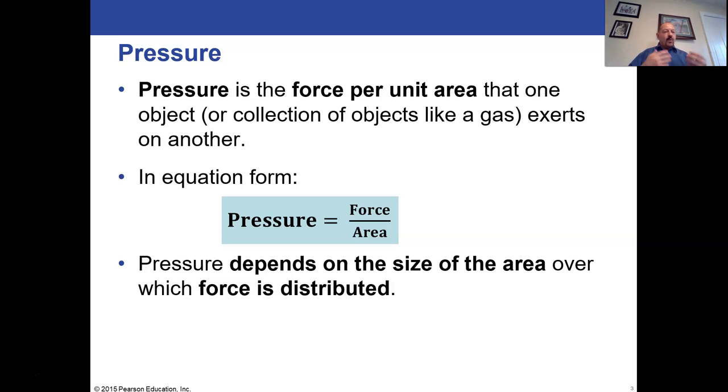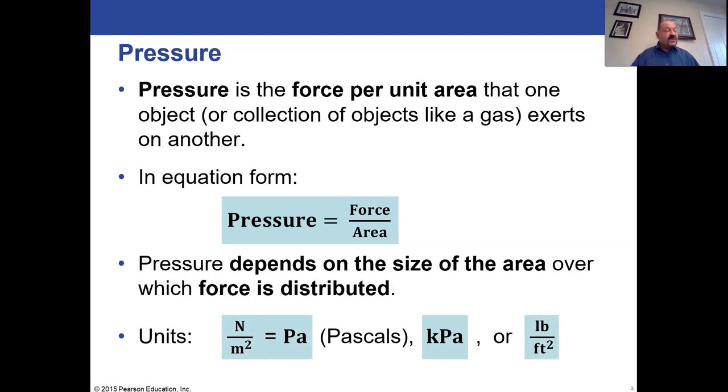You can think about walking in a normal big fat pair of shoes, hiking boots, where the force is distributed over the large soles of your shoes, or you can compare that to the exact same force of your weight standing in stiletto heels, where your weight is pressed on tiny little heels that have a very small surface area, and therefore the exact same amount of force is now distributed over top of a very tiny area, creating a much greater pressure.